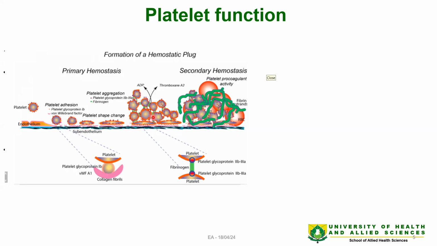Now, aggregation of platelets also involves interaction between some platelet glycoproteins or platelet receptors. These are usually the platelet glycoproteins 2B and 3A. They interact with the platelet surface as well as with some other clotting factors.